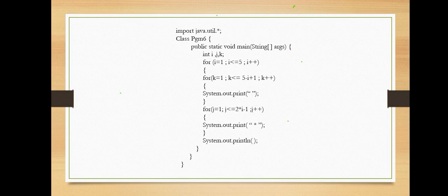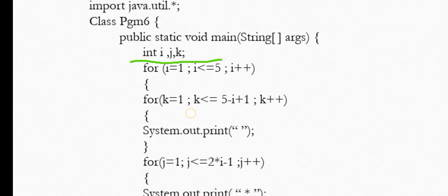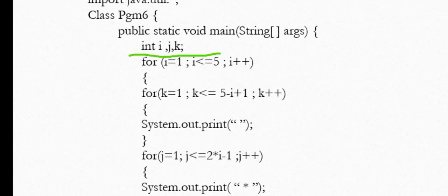First of all, you need to initialize the values of i, j, k, and then write the for loop. First I am writing it for rows: i equals 1, i less than or equals 5, only 5 rows are there, i plus plus.